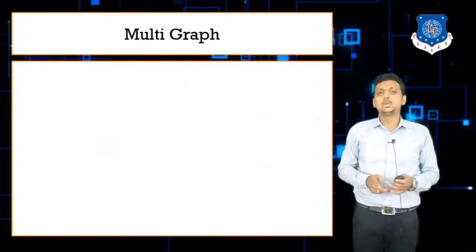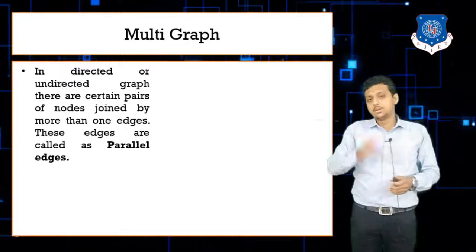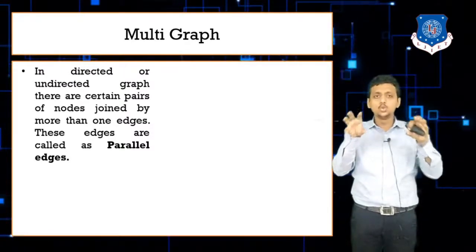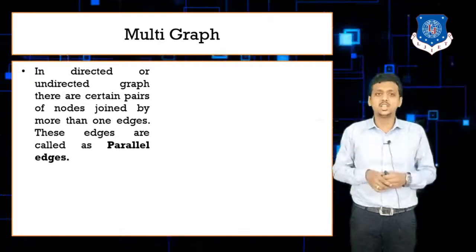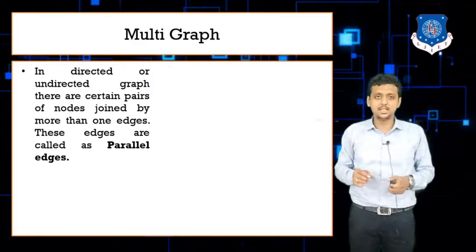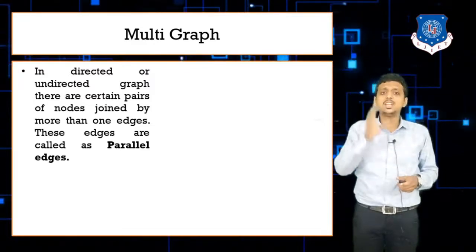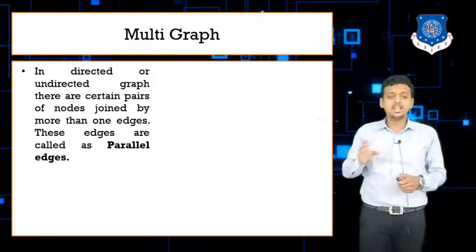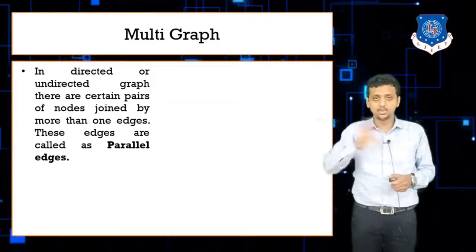Next we have the multigraph. A multigraph means two nodes are connected with each other using parallel edges. So what do we mean by parallel edges? Students, a multigraph can be possible in a directed or undirected graph, in both of them.